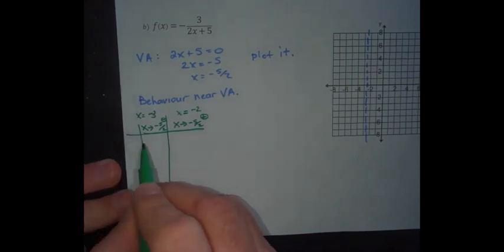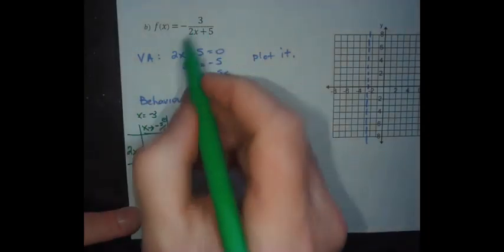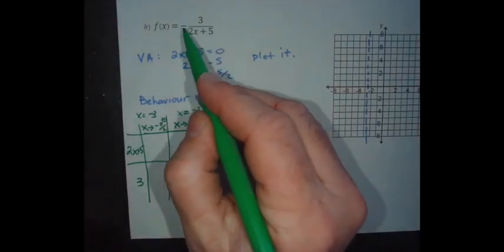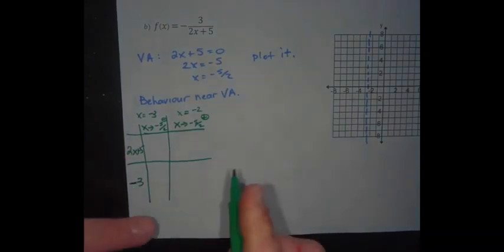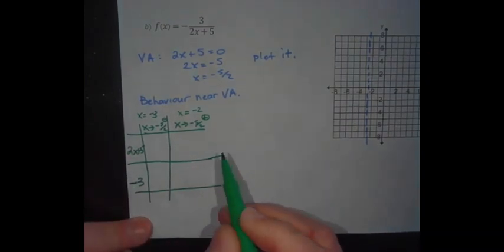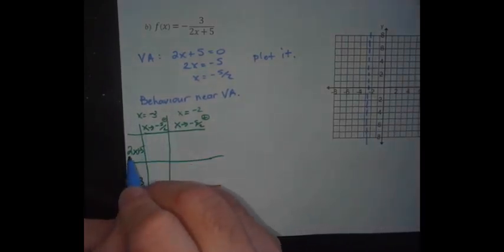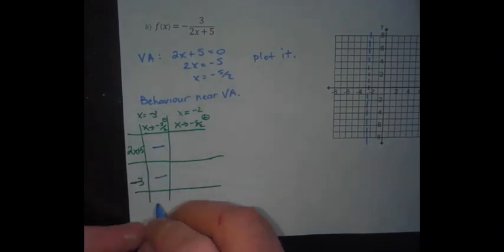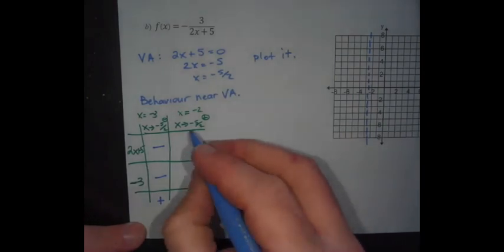The question you have to ask yourself is, what are the factors? Well, 2x plus 5 is a factor, but some people would write down just 3. Remember, it's a negative 3, so I make sure I have that portion in there. As I put negative 3 in there, that is a negative, but this is a negative, so we know we're going to be in the positive area.